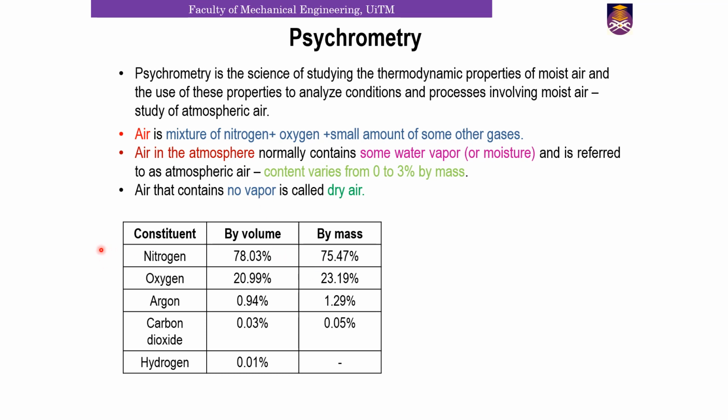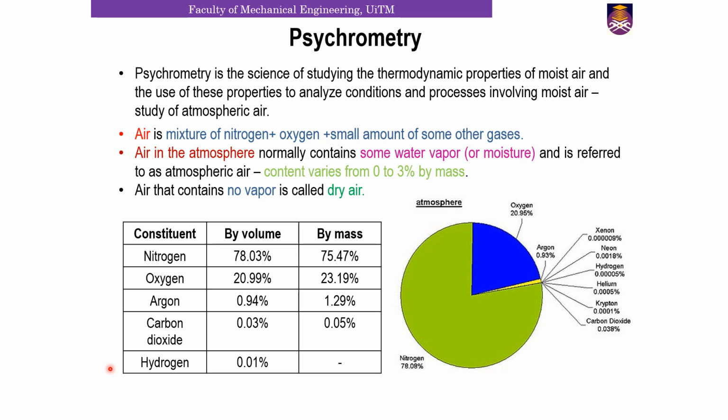So these are the constituents of atmospheric air. You can see here we have nitrogen, oxygen, argon, carbon dioxide, and hydrogen. Nitrogen constitutes almost about 78% by volume. Oxygen is about 21% by volume. And then the balance, less than about 1%, constitutes argon, carbon dioxide, and hydrogen.